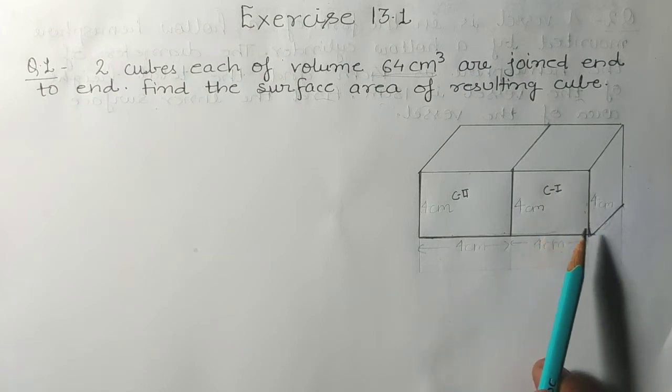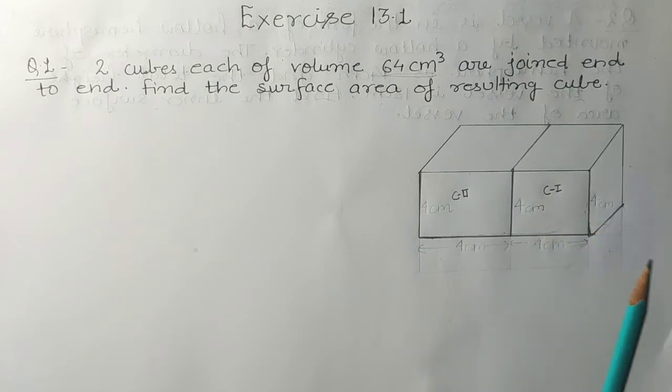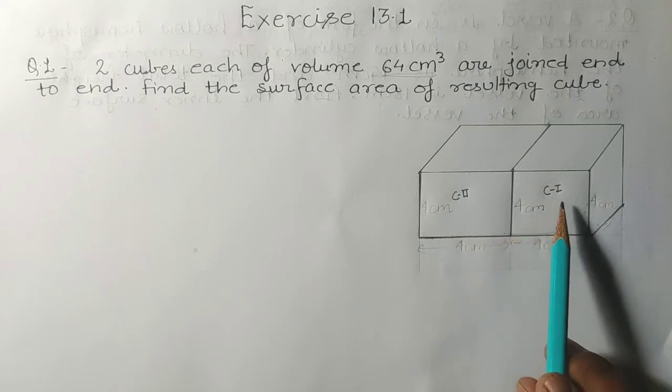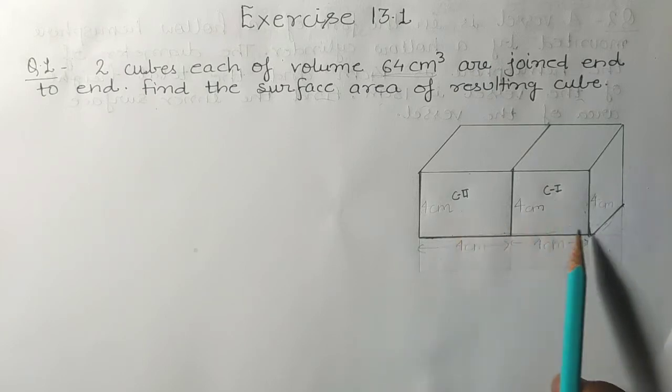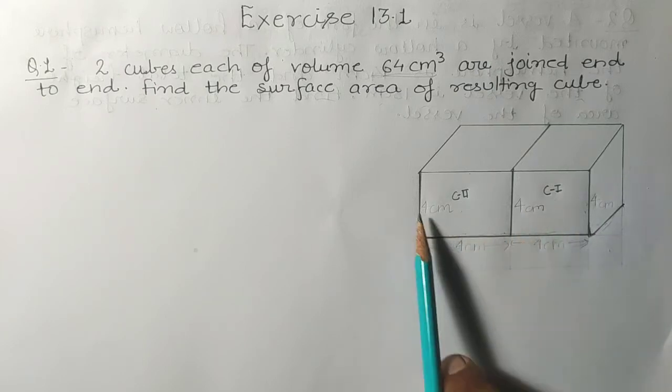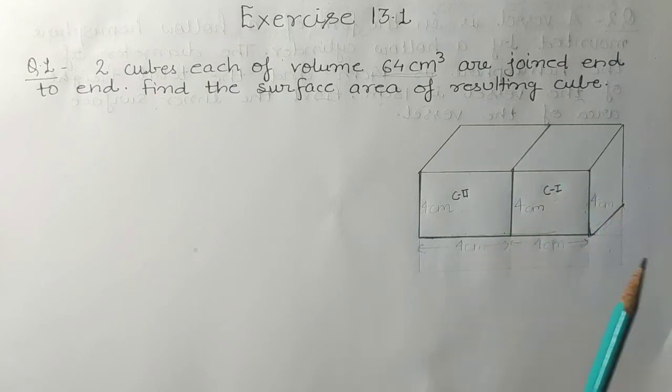So that solid will be a cuboid. If, among length, breadth and height, one is unequal, then that solid will be a cuboid. So here two cubes, cube 1 and cube 2, if both are joined, then the whole solid formed is a cuboid.